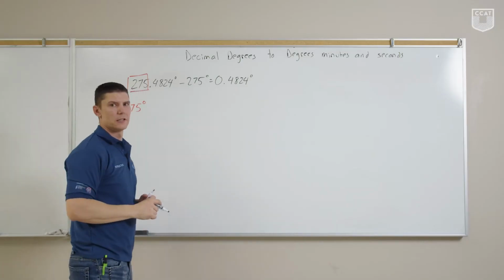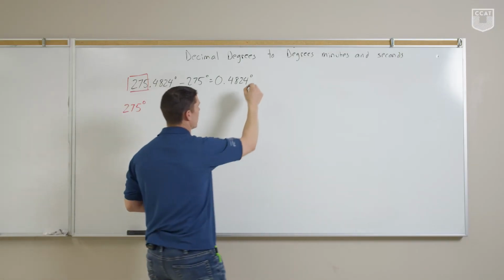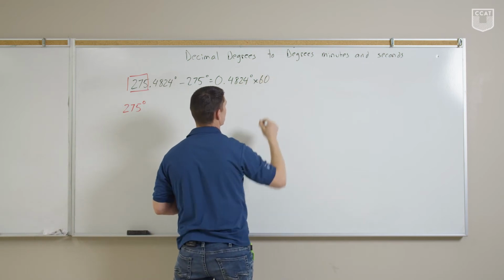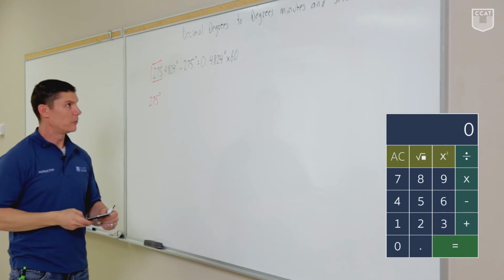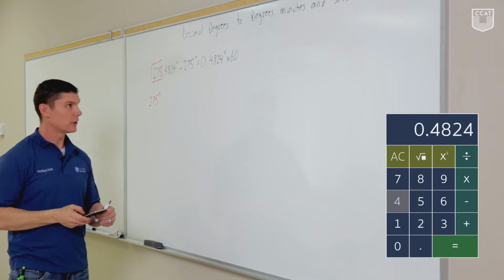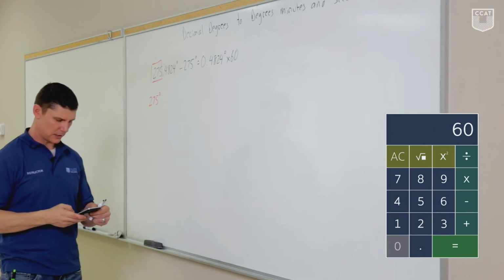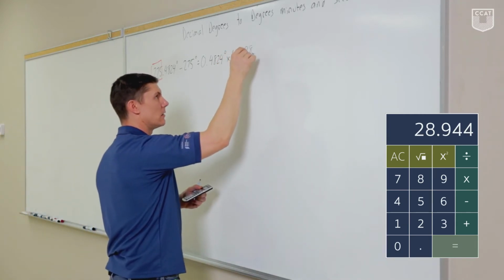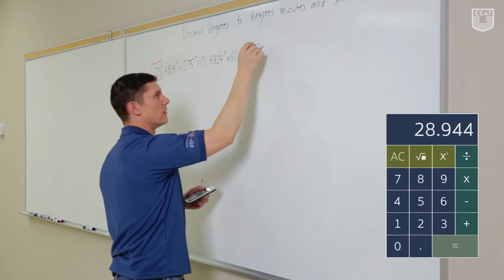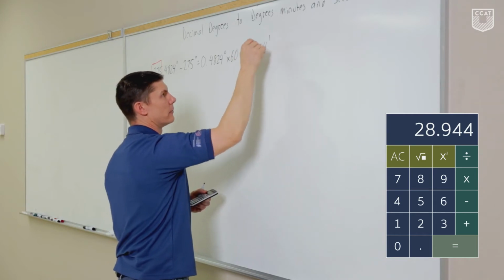Now we want to convert that into minutes, so we multiply by 60 because we have 60 minutes in a degree. 0.4824 times 60 equals 28.944, and now we're in minutes.